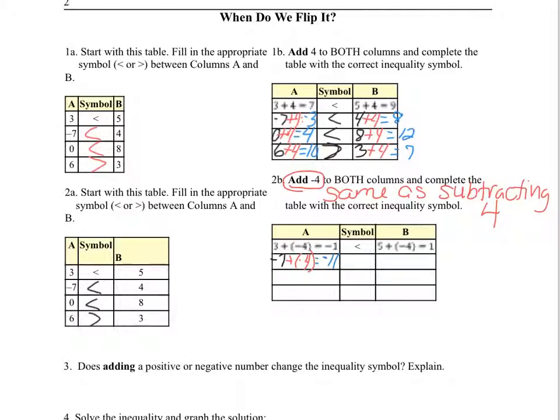Okay, then I have 0 plus -4 is equal to -4. And then I have 6 plus -4 is equal to 2.